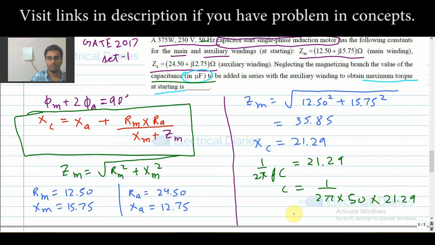So your C value will come out to be 149.49 microfarad. So the answer to this question is 149.49 microfarad.